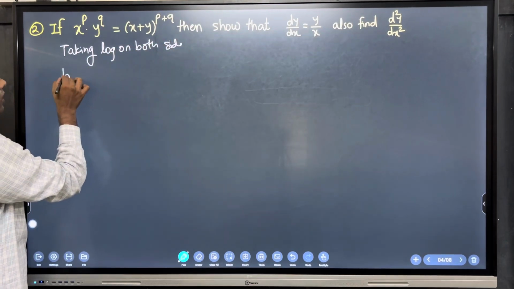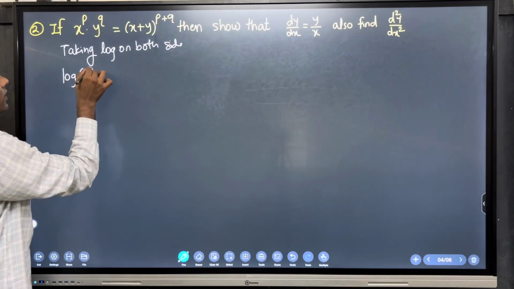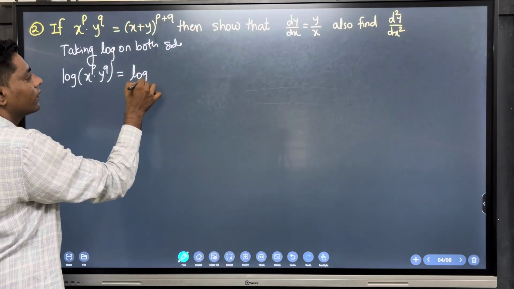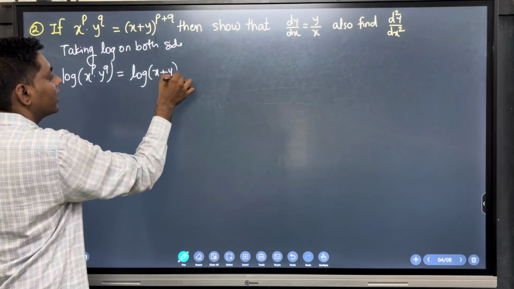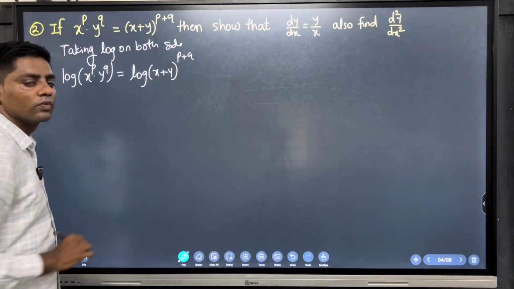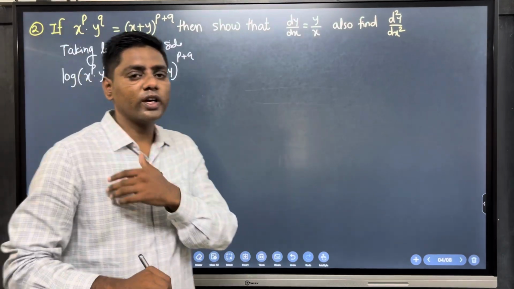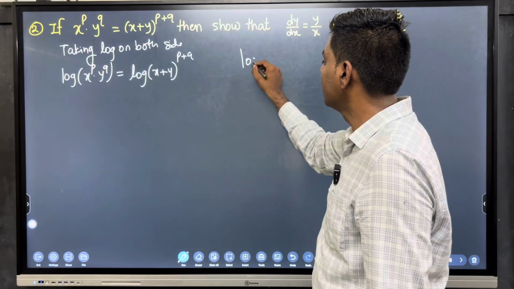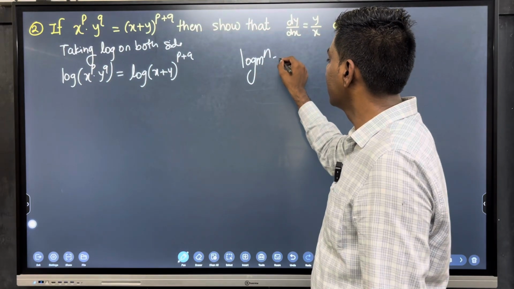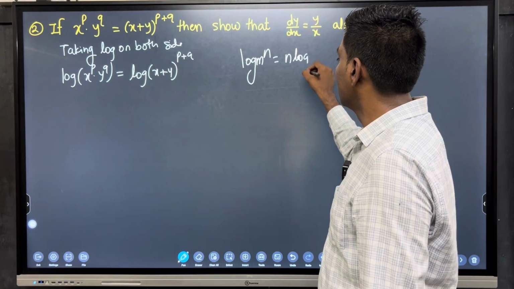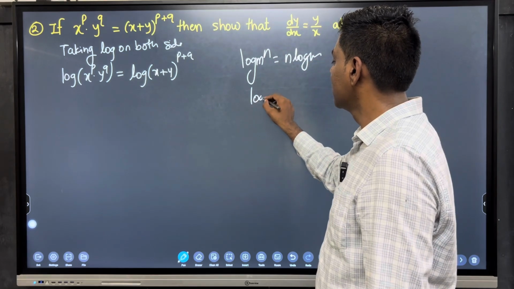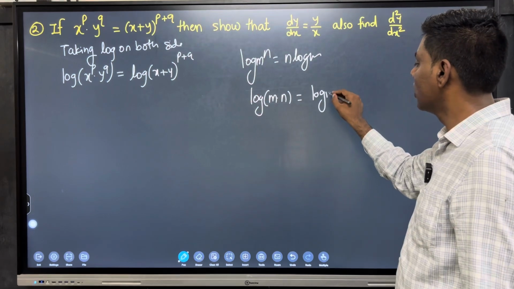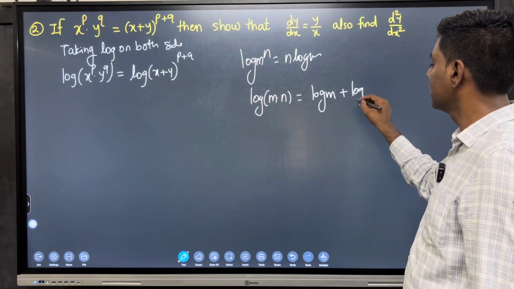So apply the log: x raised to p into y raised to q equal to log of x plus y raised to p plus q. So apply the two formulas of logarithm. One formula is very simple: log of m raised to n equals n into log of m, and the next formula, log of m into n equals log of m plus log of n.